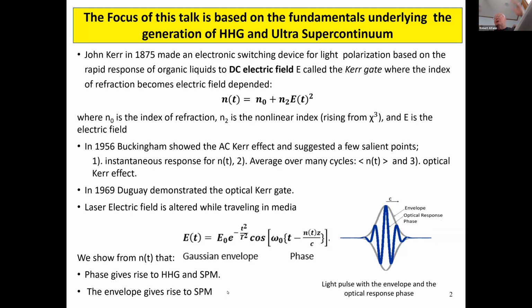All the theories that were based on self-phase modulation supercontinuum use the shape of the pulse. They did not use the optical cycles. That's the key here. Only in 1972, Hope, Alfano, and Shapiro showed that self-phase modulation can be generated from the optical cycles.